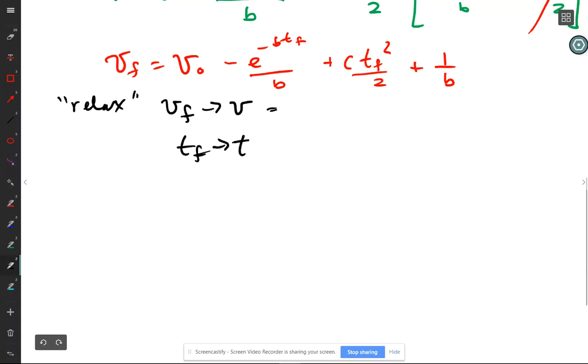And we're trying to get to position, so I'm going to replace v with dx/dt. So it's kind of like sing-song second verse.